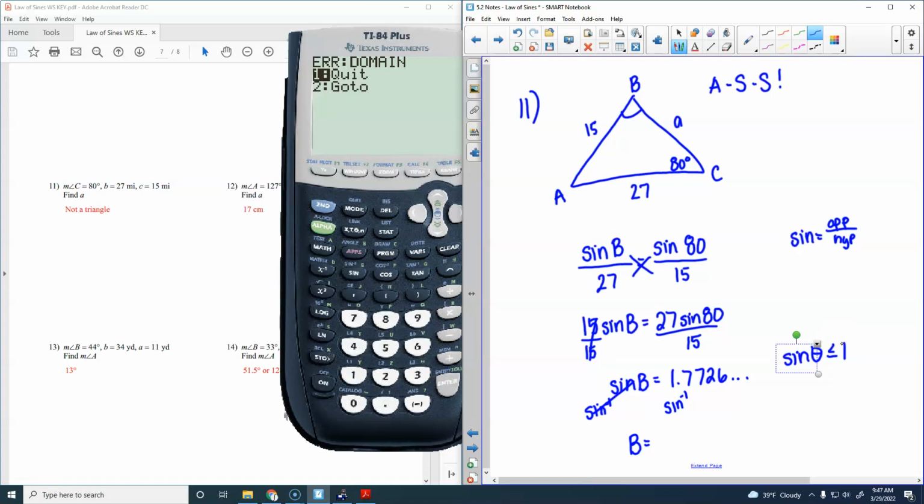So if you see that you're getting sine of something is equal to a number bigger than 1, that triangle is not possible. What that would tell you in real life is that you took a measurement incorrectly. It's impossible that this exists this way. So one of your measurements is incorrect.